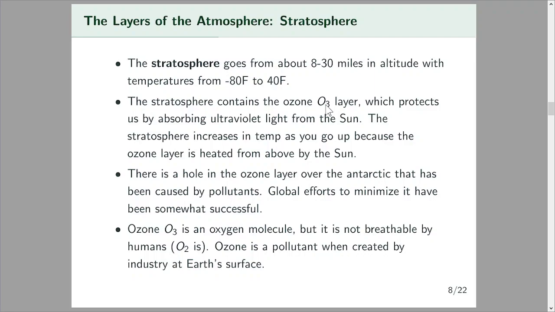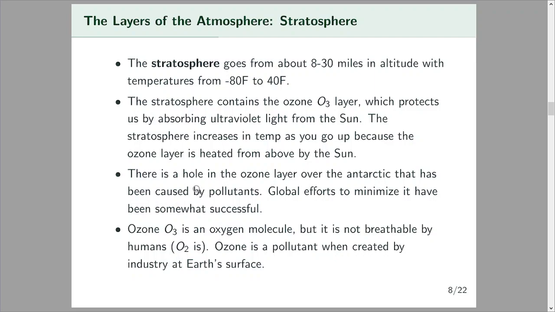The atmosphere and the magnetosphere do a lot to protect us from very dangerous high-energy particles from the sun. The reason the stratosphere increases in temperature as you go up is because the top of it is getting more ultraviolet light than the bottom of it. And so it's getting heated at the top more than at the bottom, and so it warms as you go up.